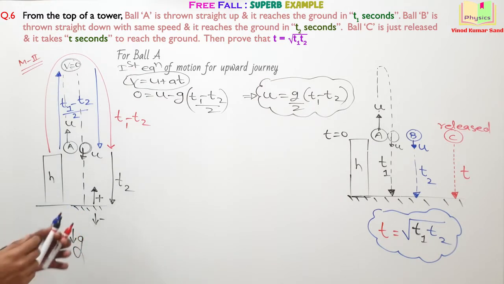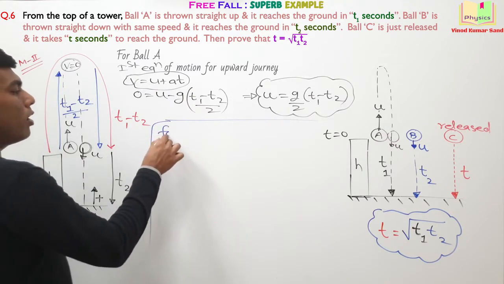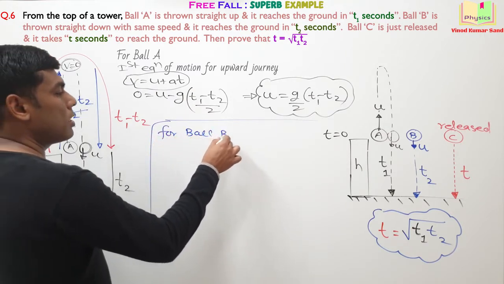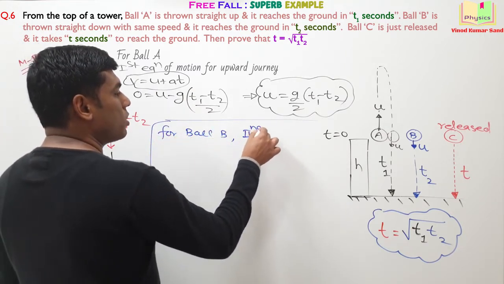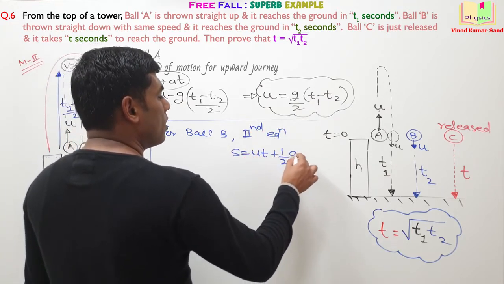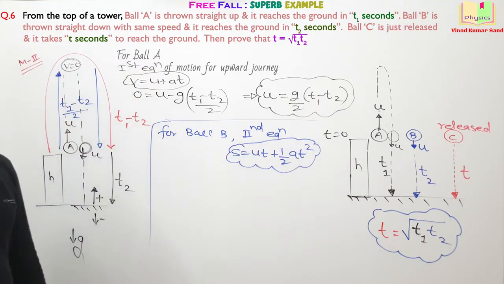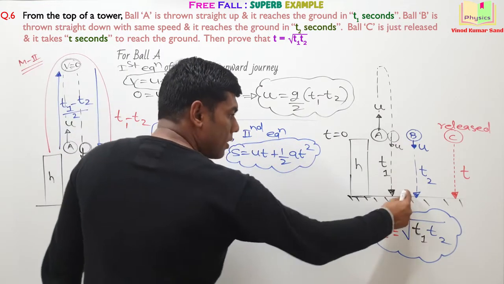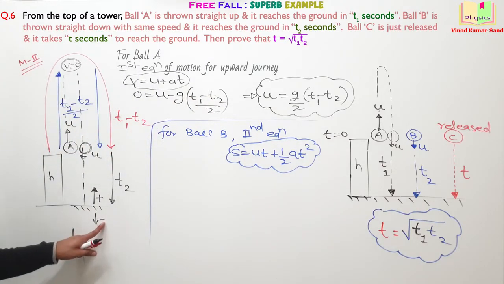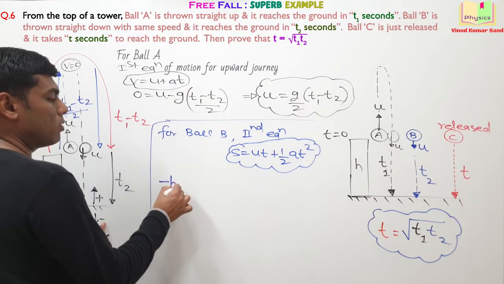Now I am taking up the ball B. For ball B, we are using the second equation of motion. s is equal to ut plus half at square. The displacement of ball B is in the downward direction, so will be written as minus h. I am putting that value here.